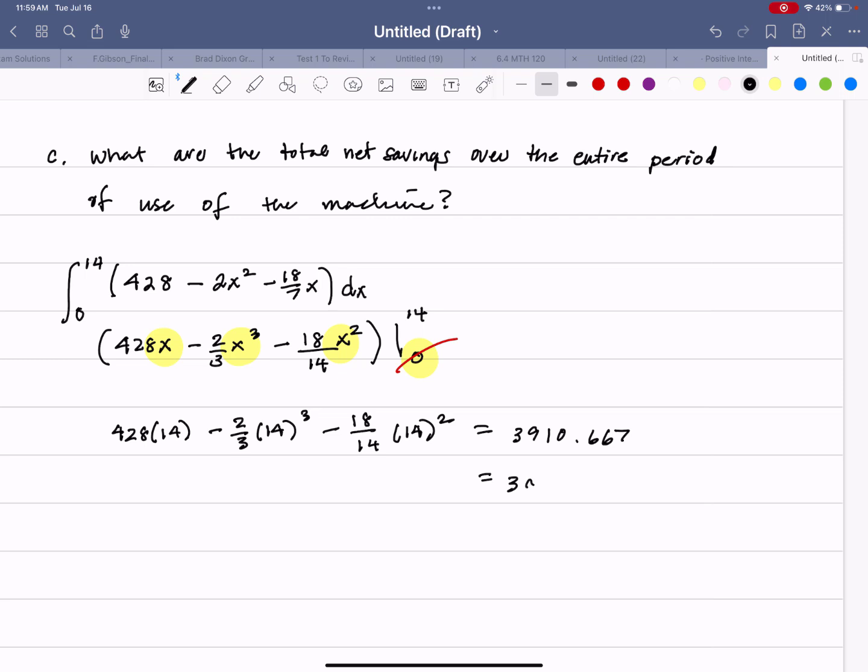So that's about $3,911. And that's the total savings over the entire use of the machine for 14 years.